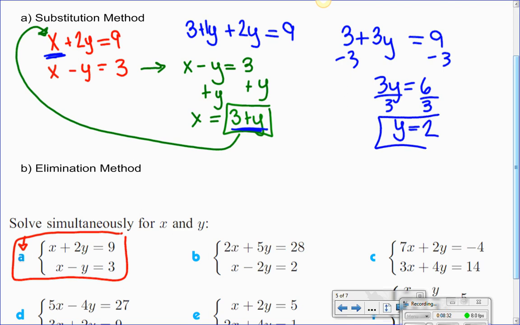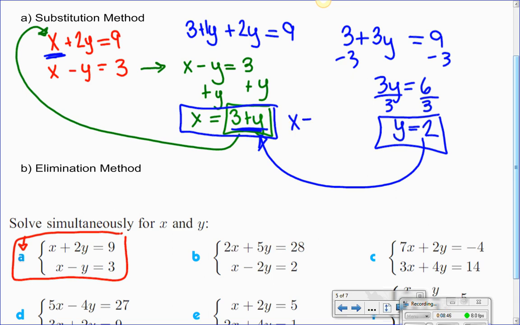Okay, so I have y equals 2, but I still don't have a value for x. The easiest thing to do is then to substitute 2 back into the equation that's already solved for x. Okay, so that means x is equal to 3 plus y is 2, so instead of y I will write 2, and x is equal to 5.